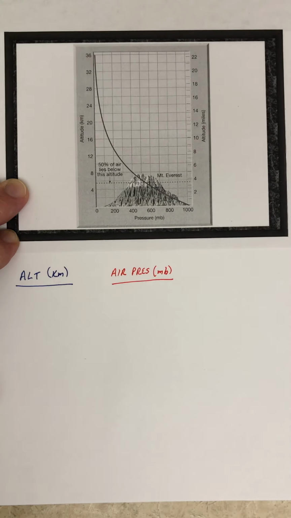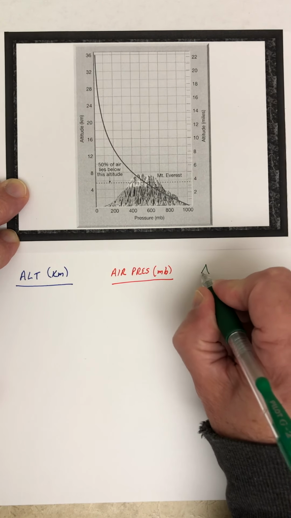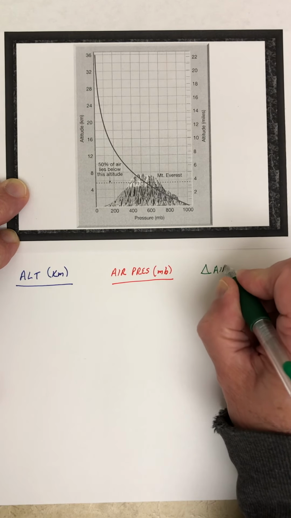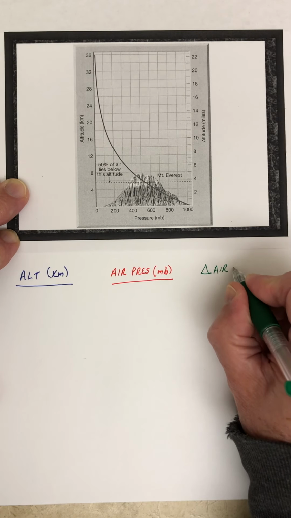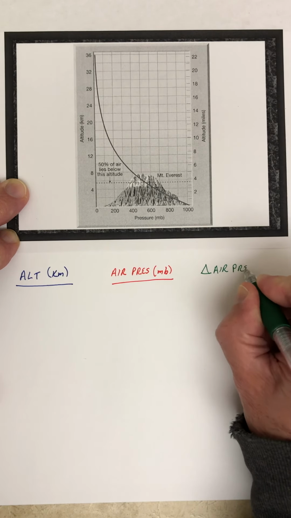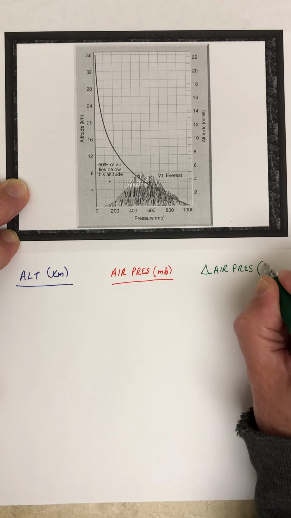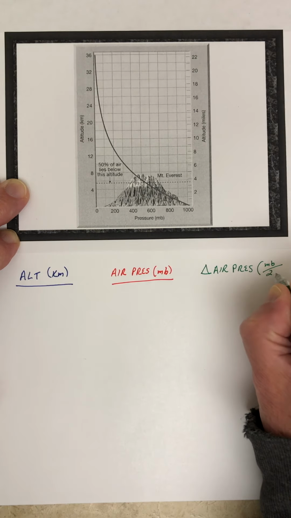And the third column is delta air pressure. If you remember from high school math class, delta means change in. So this is the change in air pressure in millibars for every 2 kilometers going up into the atmosphere.